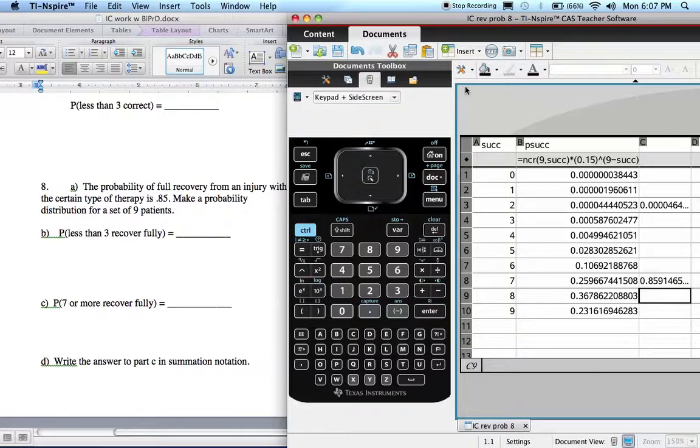So how do we write all that in summation notation for that last part?